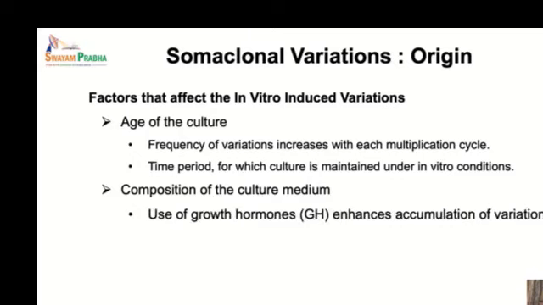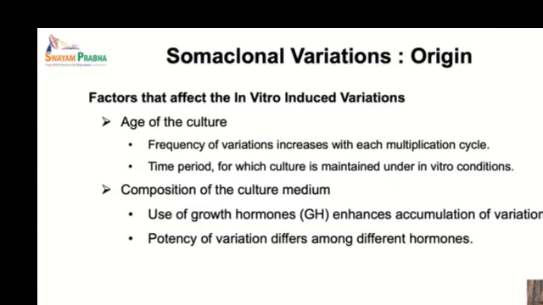There are several hormones used in this in vitro regeneration process, and they are usually grouped in auxin and cytokinin categories, which are most frequently used. And use of these growth hormones is also associated with the accumulation of somaclonal variations.